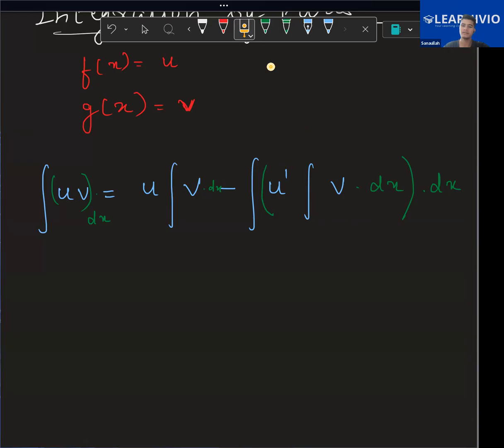U dash means derivative of the first function, that is u. I'm considering u as a first function and v as the second function. This is first function and this is second function.